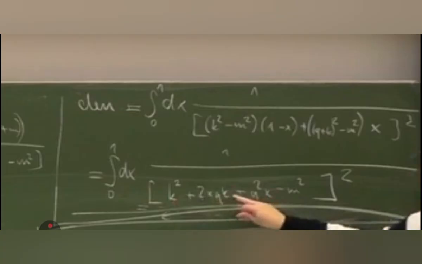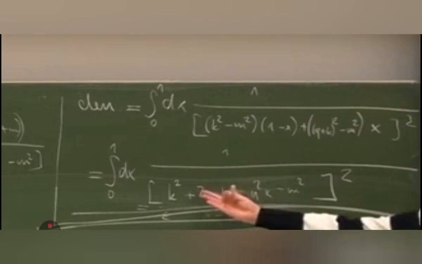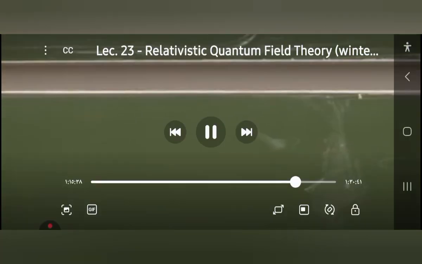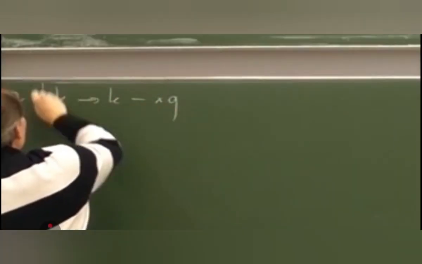And we can get rid of that by doing a variable substitution, basically completing the square, and then doing an appropriate variable substitution. And so let's do the following variable substitution. k goes to k minus x times q. That is our variable substitution.